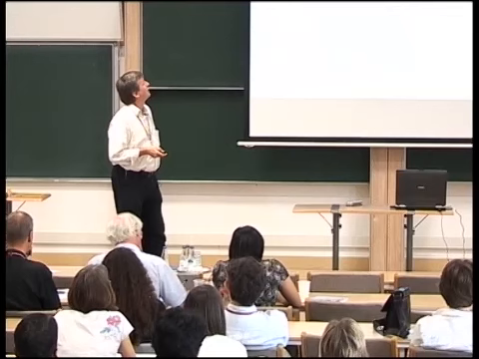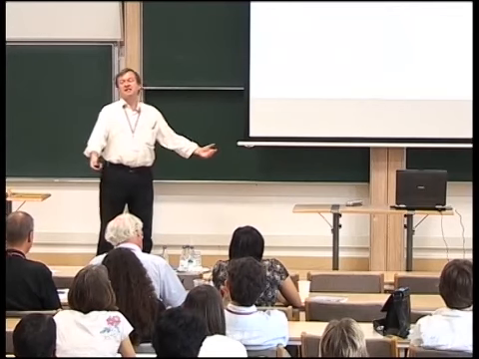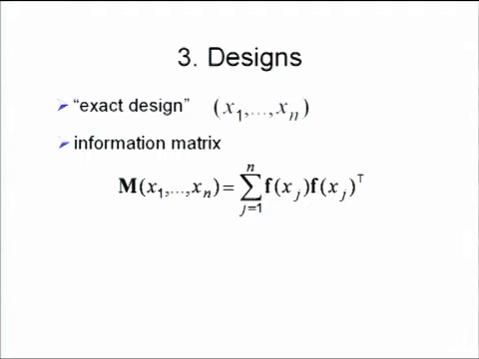Okay, what is the design? The design is just a setting of the explanatory variables. So if we can make n experiments, we just choose n different settings from a certain design region, and the corresponding information is this F transpose F, or we can rewrite it as the sum of the information given by the individual observations, individual settings.